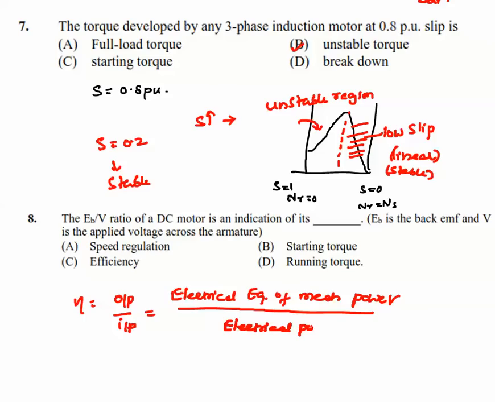By neglecting the losses, we can write this as EB into armature current IA divided by V into IA. If IA gets cancelled, this is nothing but EB by V, which indicates the efficiency of the DC motor. Suppose they asked for V by EB, it will indicate the efficiency of a generator, just the opposite.